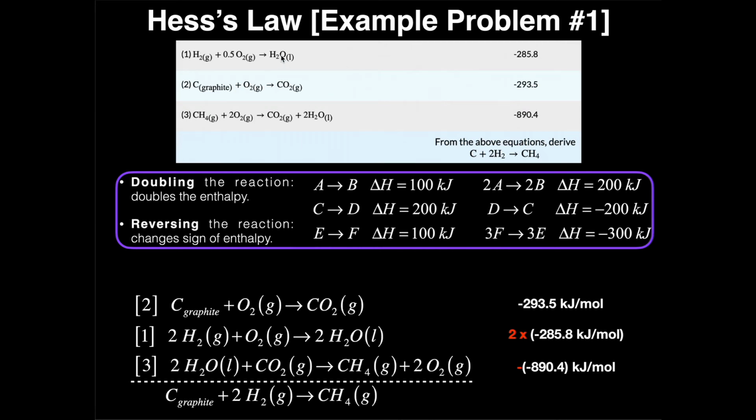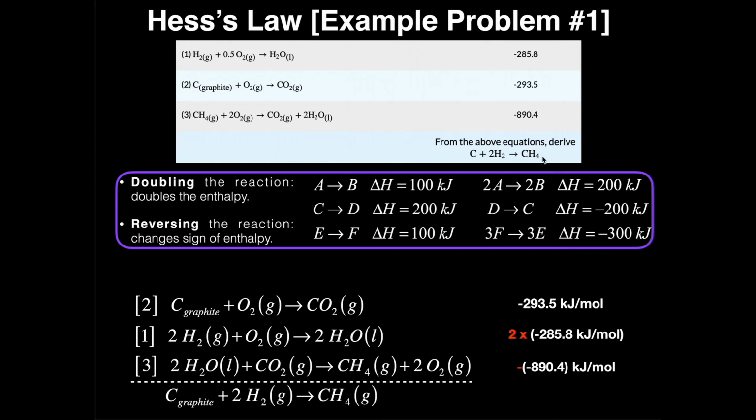And then the water right here in the liquid state is going to get a 2 in front of it, 2 H2Os in the liquid state. But remember, I also have to take this delta H, negative 285.8 kilojoules per mole, and multiply it by 2. Everything has to be doubled in that case. So we'll actually calculate this on the next slide, but it's going to be 2 times negative 285.8 kilojoules per mole.